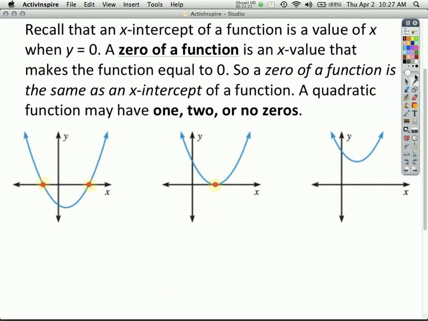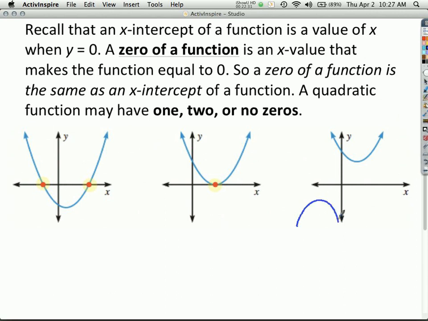That could also be true for all of these if they were upside down, opening downward. You could have a parabola like that. You could have a parabola that touched here, opening down, and you could have a parabola going through the x-axis. Okay? So you could have 1, 2, or none.